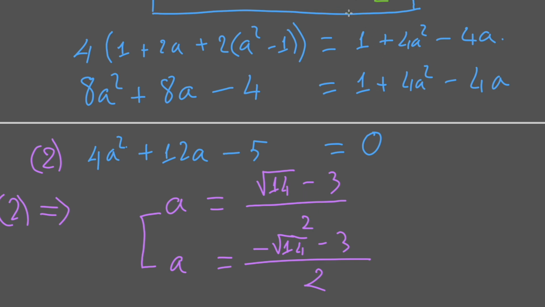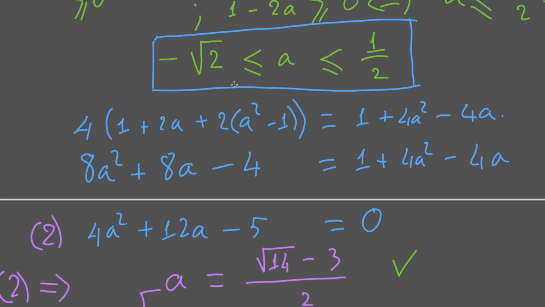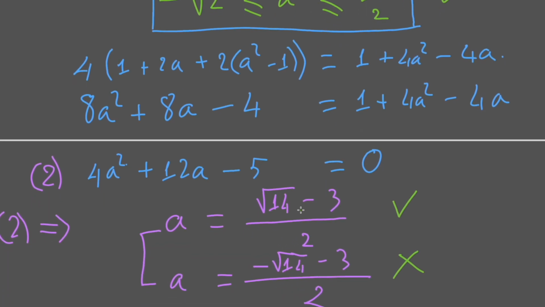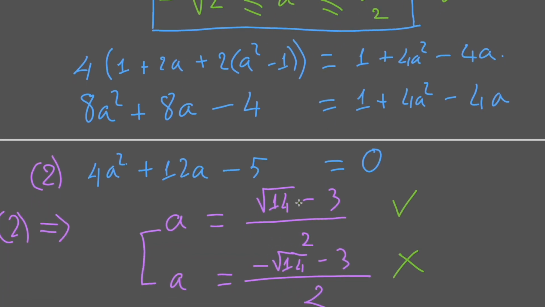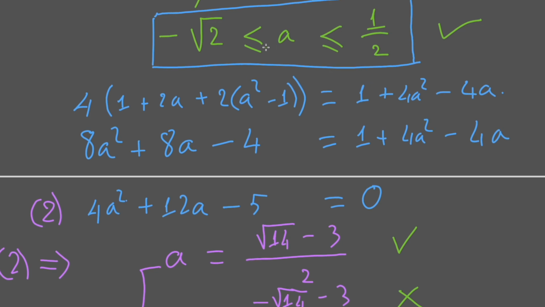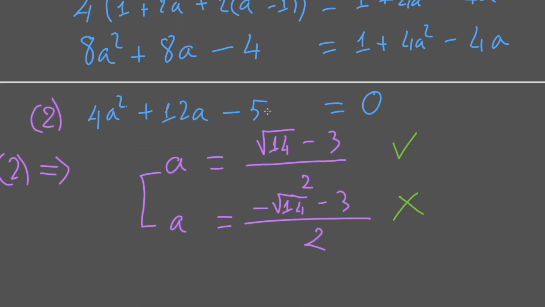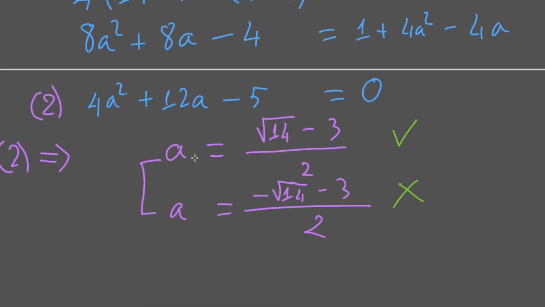Then we will receive the first root only. For the second root we reject it, because when we compare with the domain of a, only the first one belongs to the domain, so we accept the first root.